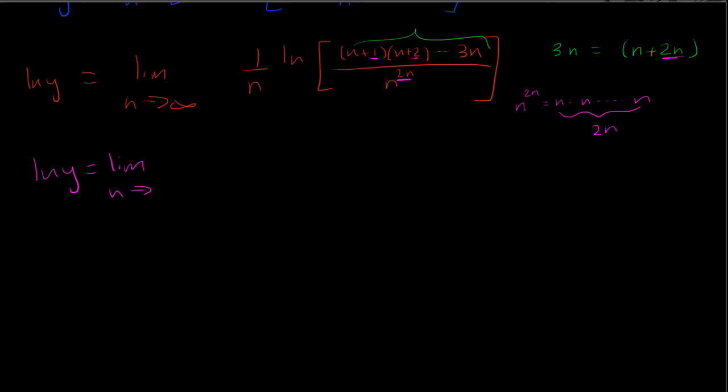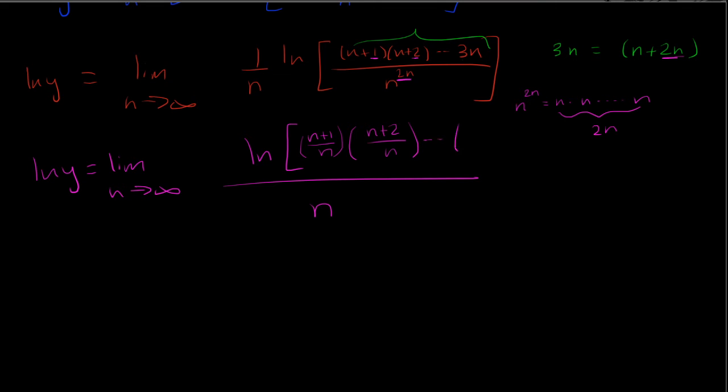So this is what I'm going to do. I'm going to leave the n on the bottom here, and then I'm going to have ln. Okay, so it's going to be n plus 1 over n as the first one, times n plus 2 over n, all the way up to 3n over n. Since there's 2n of these in the numerator and 2n in the denominator, they each get one n.